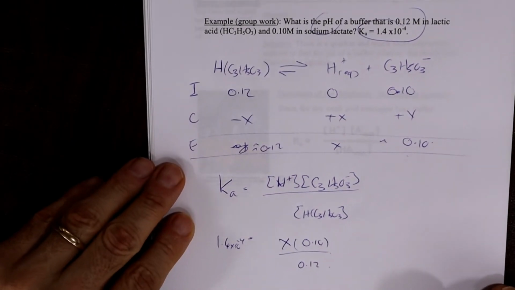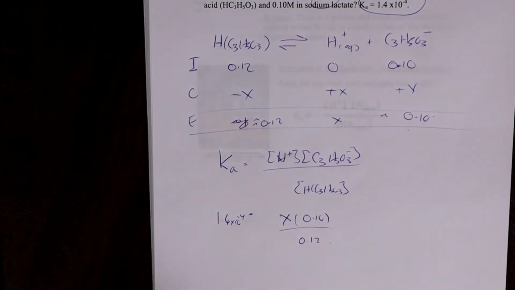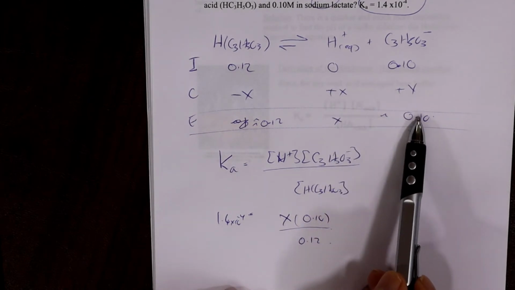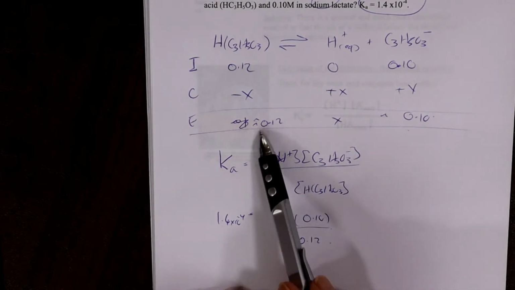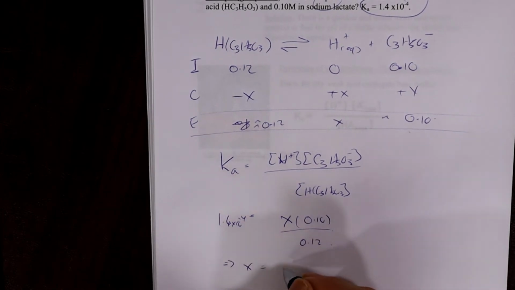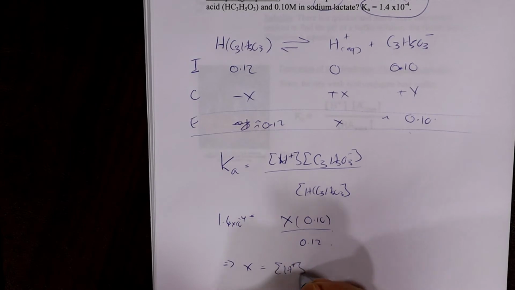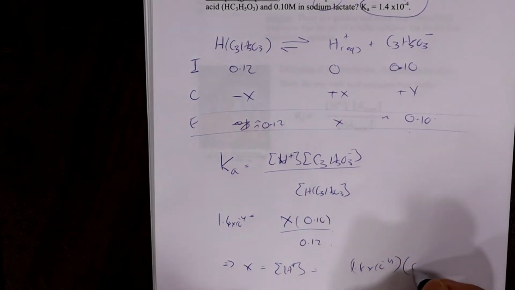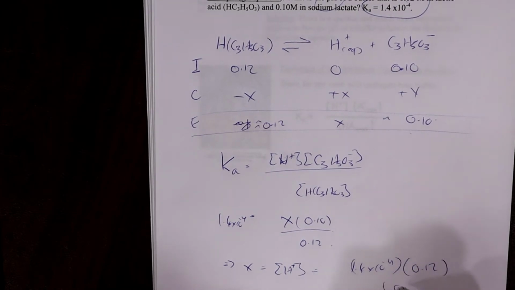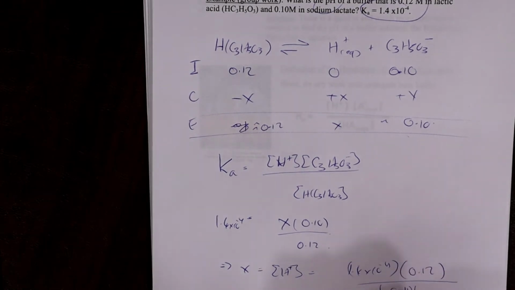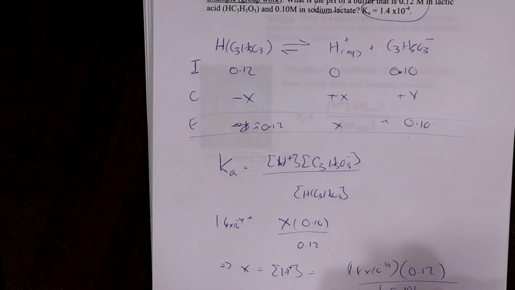Oh, move it up. Need that Pavlovian bell, right? Just catch up there. So products at equilibrium over reactants at equilibrium. Therefore X, which equals H plus, equals 1.4 times 10 to the minus 4 times 0.12 over 0.1, which equals, doing that math, 1.7 times 10 to the minus 4.